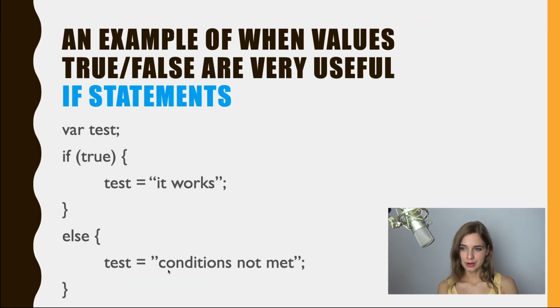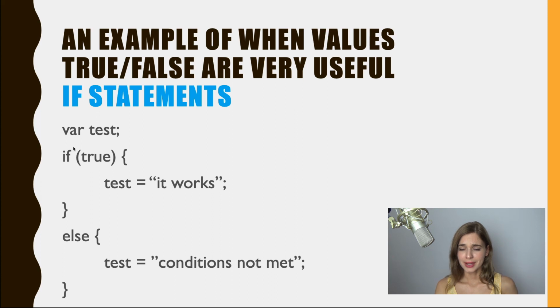An example of when true or false values are very useful. From the first slide, when I introduced the if statement, we'll try elaborating a little bit. Here in the given example, I've created a variable called test. I only declared that variable, but I never initialized it, so it has no value. It's undefined for now.